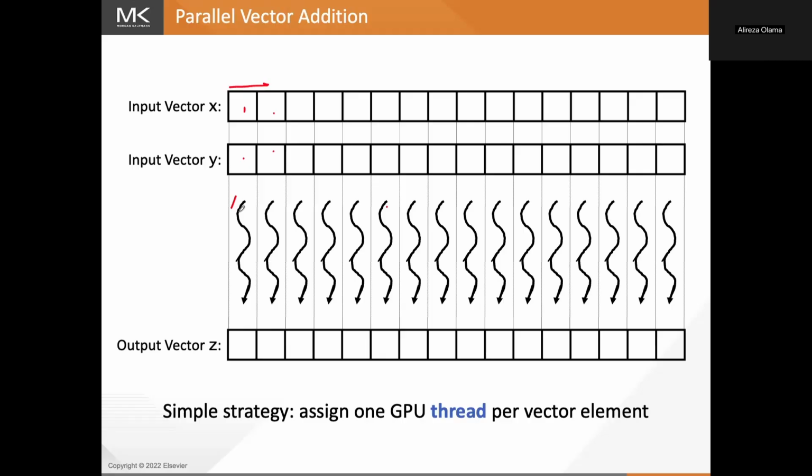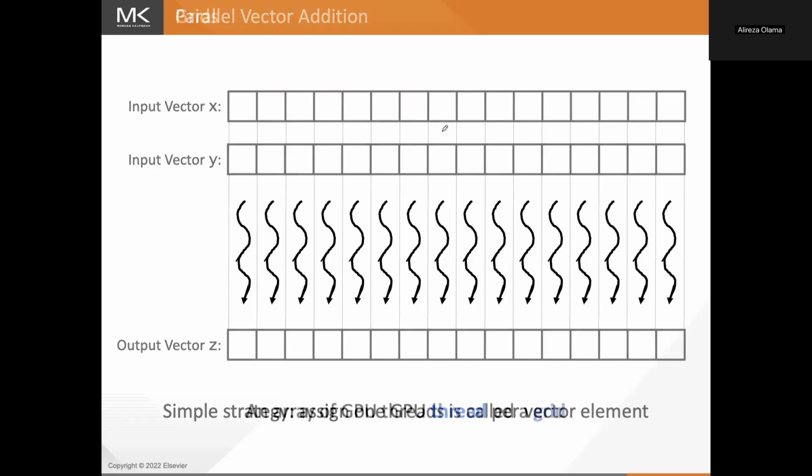If you have two-dimensional data, then the CUDA thread organization is 2D. At most it can be 3D, so your CUDA organization can be in 3D. But here our problem is in 1D, because we have only a vector, not a matrix. So let's see how in this case CUDA organizes the threads, okay?